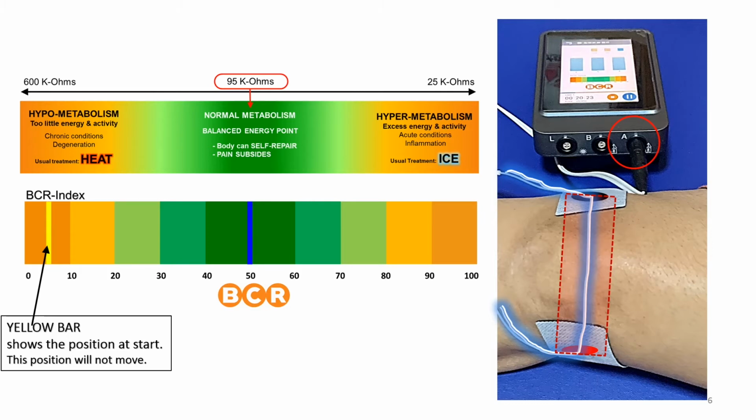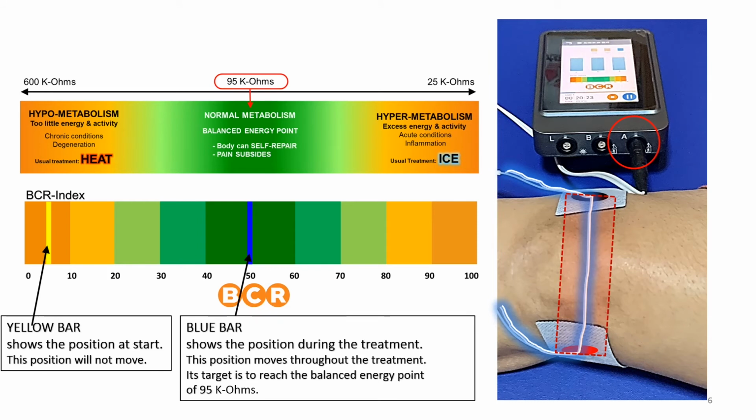And this position will not change throughout the treatment. It remains there. It's just to show where your starting point was. And the blue line shows the position during the treatment, what the treatment is doing. This position moves throughout the treatment, and the target is to reach the balance energy point of 95 kilo ohms or the 50 point. So this is how the treatment works.